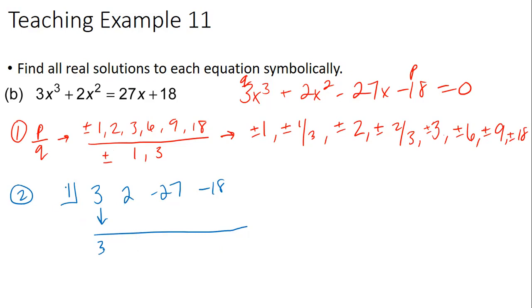Do I want to try negative 1? See what happens. 3 times negative 1 is, 2 plus negative 3 is, negative 1 times negative 1 is, negative 27 plus 1 is, a negative times a negative is a, does that give me 0? No. So 1's failed me.